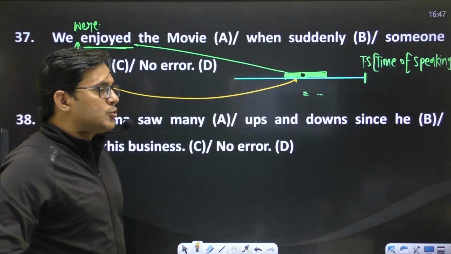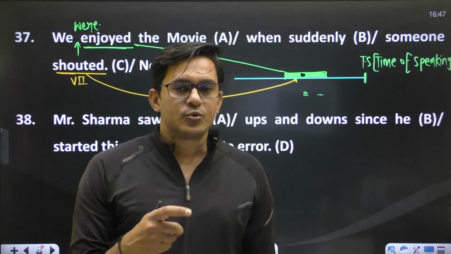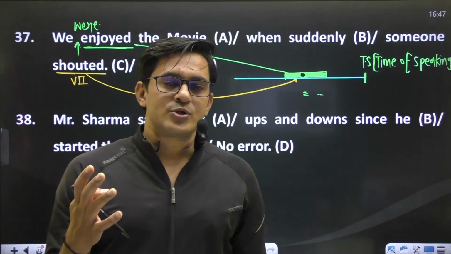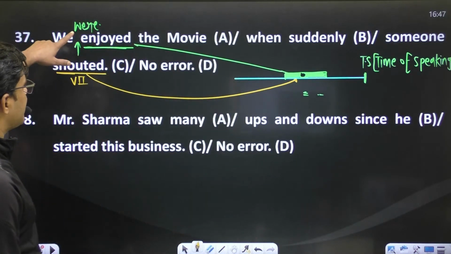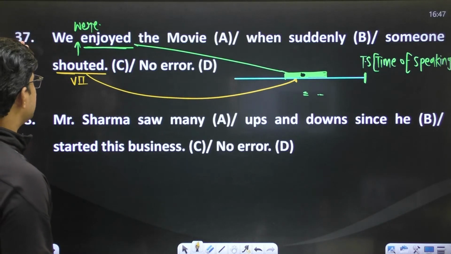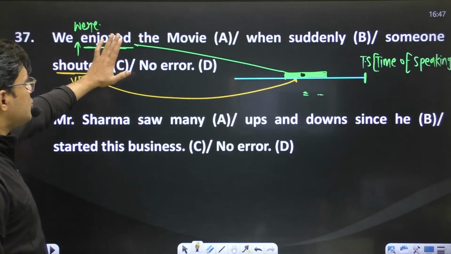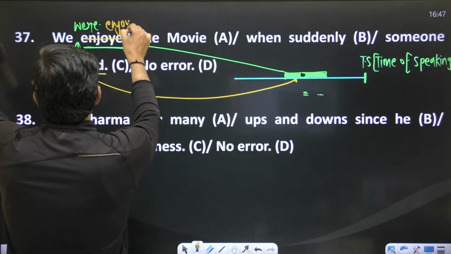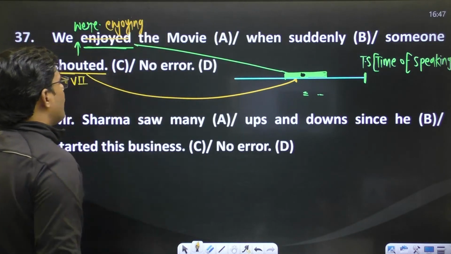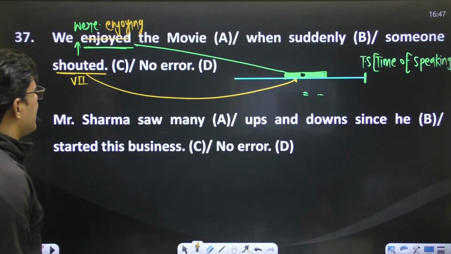But to show a background action, an action which was continuing in the past, we use past continuous. So if you speak like this, we were enjoying, not we enjoyed, the movie when suddenly someone shouted, the sentence will be fine.